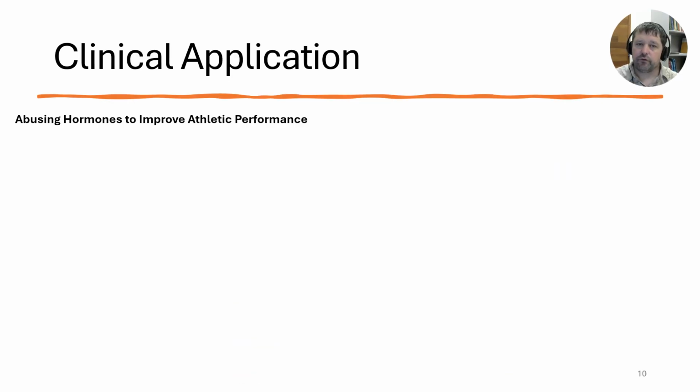Okay? So let's talk about that clinical application that I brought up at the beginning. Okay? Everybody wants an edge, and hormones are the way to do it, or at least they have been for a very, very long time. Lots and lots of athletes have abused hormones to get that edge.